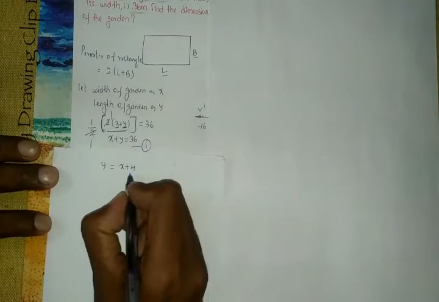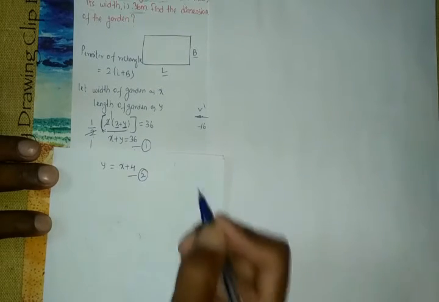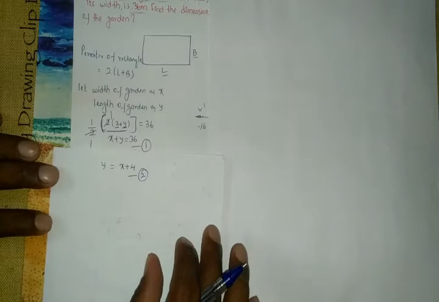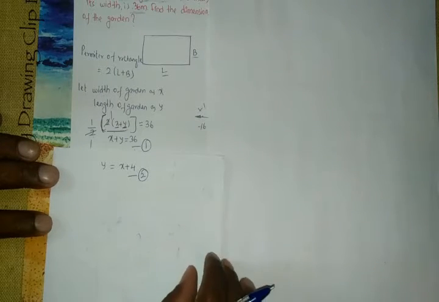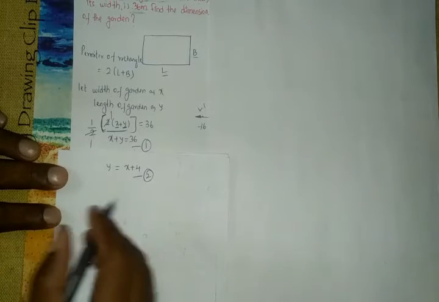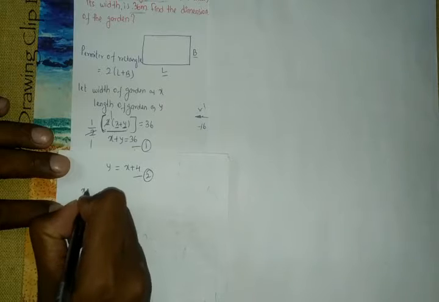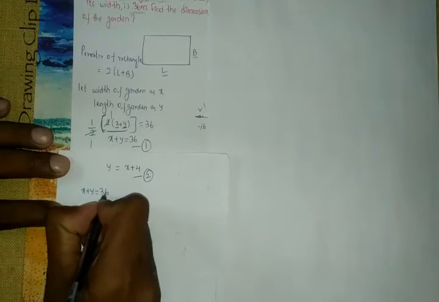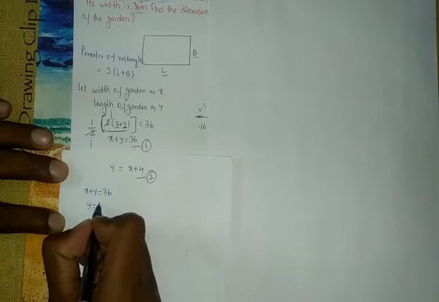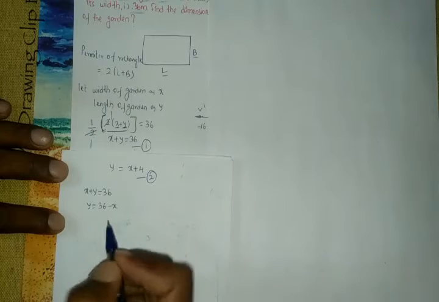Let me take this as equation 2, which will be easy to find the points and represent it on graph. So now let me take equation 1, which is x plus y equals 36. So y equals 36 minus x.